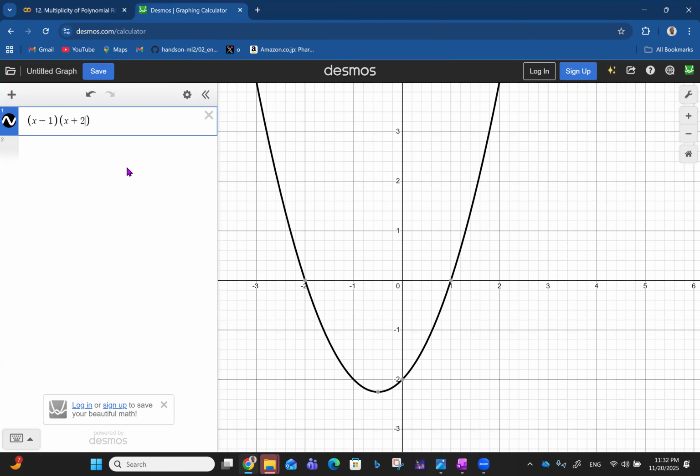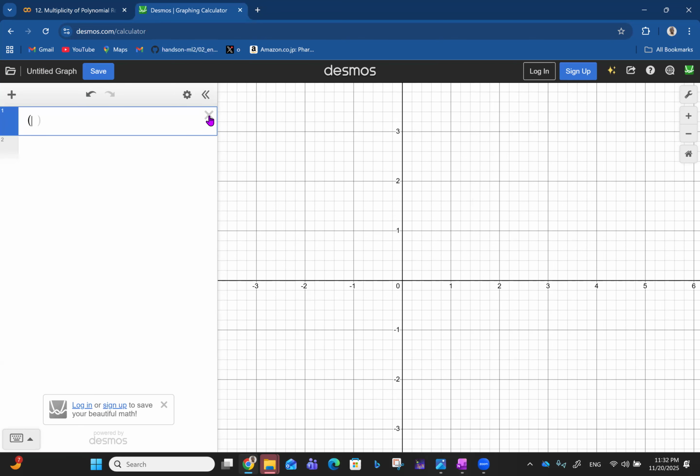So we see, for x minus 2 cubed, that's x minus 2 raised to power 3. So you see that. Let's start with x minus 2 raised to power 1.